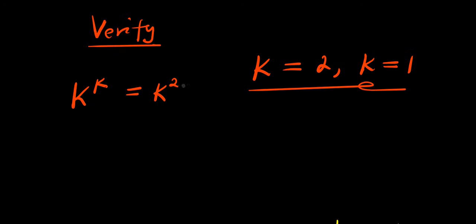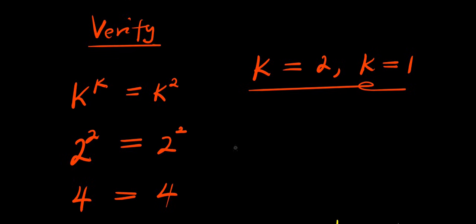Now, if you have k equals 2, what you simply have is 2 to the power of 2 equals 2 to the power of 2. And from here, 2 to the power of 2 is 4. So you have 4 equals 4.